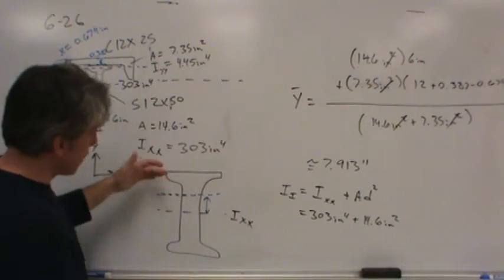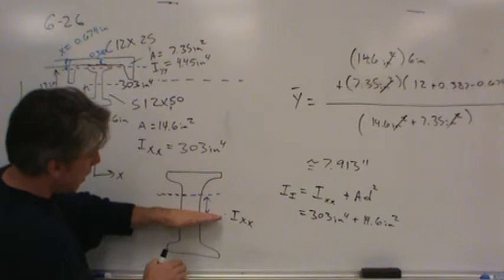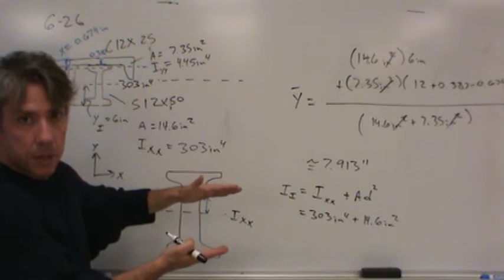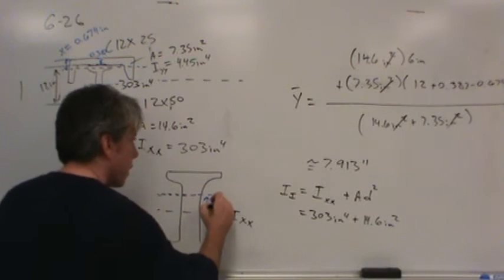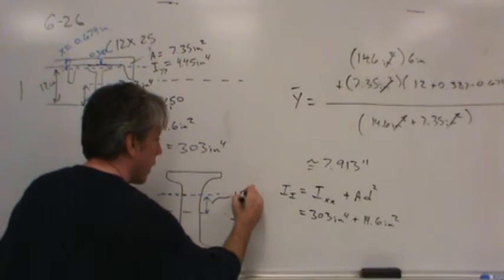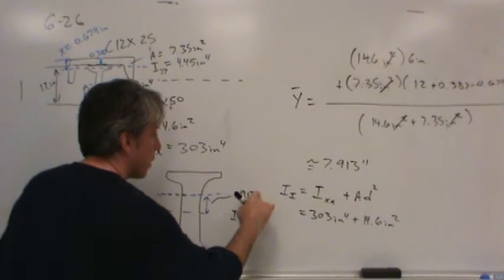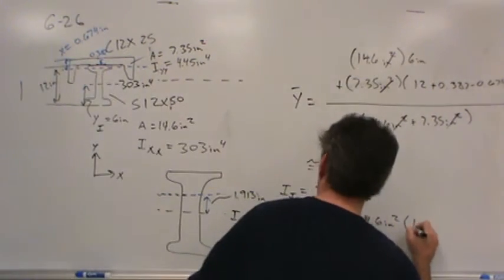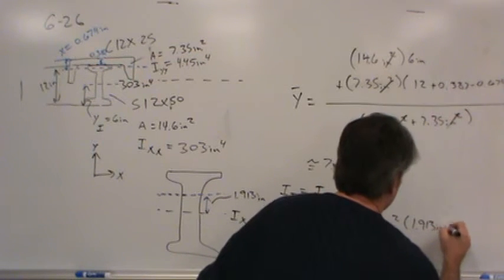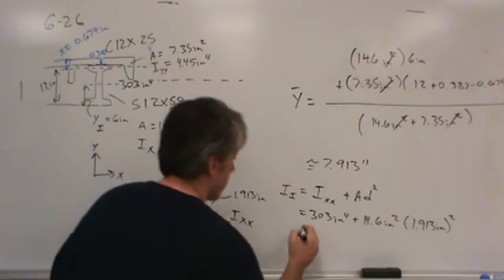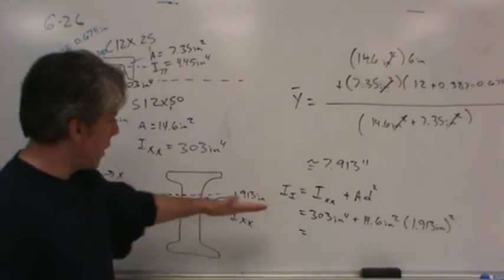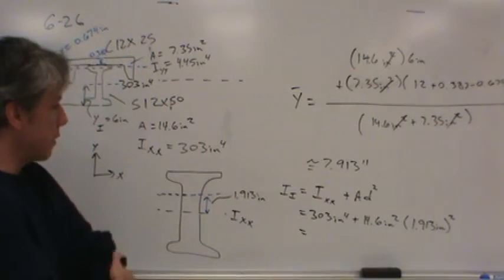Well, D squared is going to be 7.913 less 6 inches. Does that make sense? So this distance here is 1.913 inches, right? So the D squared is 1.913 inches quantity squared. Okay, so plug that into your calculators, please, and let's see what we get for our translated axis.